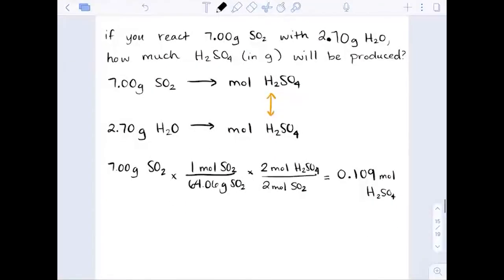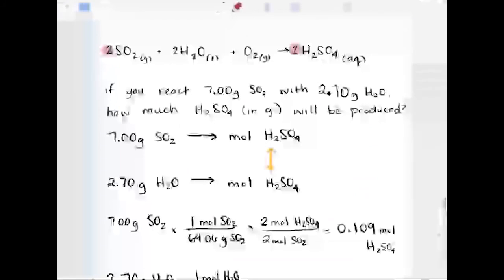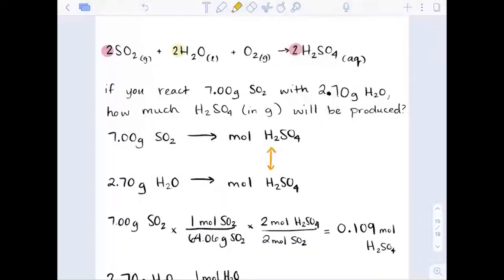Let's compare that to the 2.70 grams of H2O. 1 mole of H2O is 18.02 grams of H2O. Again, the mole ratio, 2 to 2.